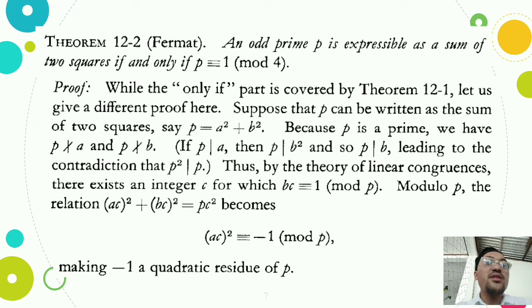Thus, by the theory of linear congruences, there exists an integer c for which bc is congruent to 1 modulo p. Modulo p, the relation (ac) squared plus (bc) squared equals pc squared becomes (ac) squared congruent to -1 modulo p, making -1 a quadratic residue of p.